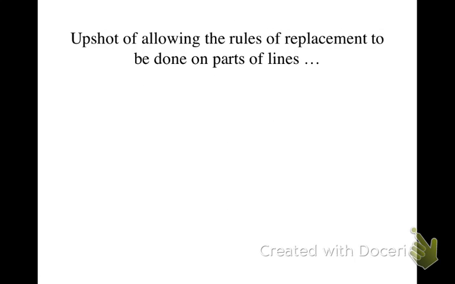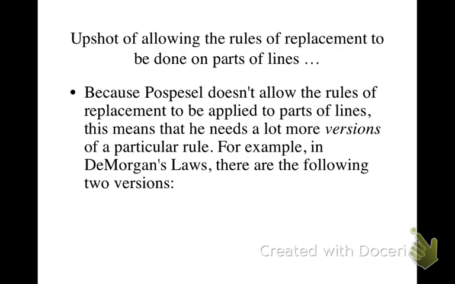So what's the upshot of allowing the rules of replacement to be done on parts of lines? Because Pospisil doesn't allow the rules of replacement to be applied to parts of lines, that's why he needs so many versions of a particular rule. So, for example, in De Morgan's laws, there are the following two versions.